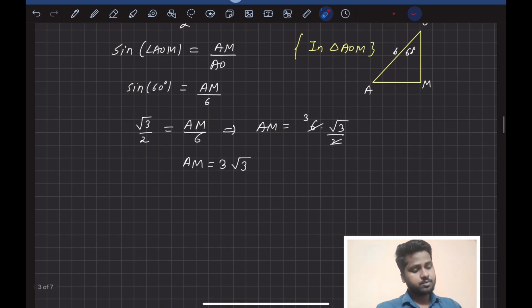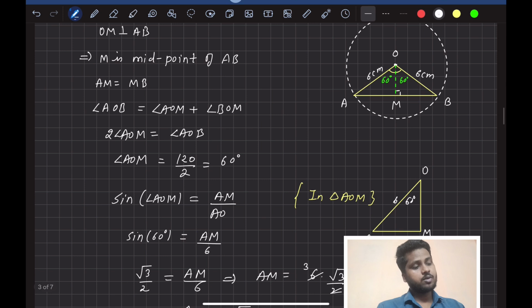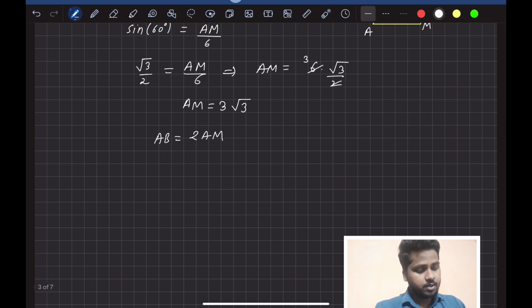So AB becomes 2 times AM, because AM and MB both are equal, students. Therefore, if I multiply this value by 2, it becomes total AB. Okay. Yes. So AB equals 2 into 3 root 3, that is equal to 6 root 3.